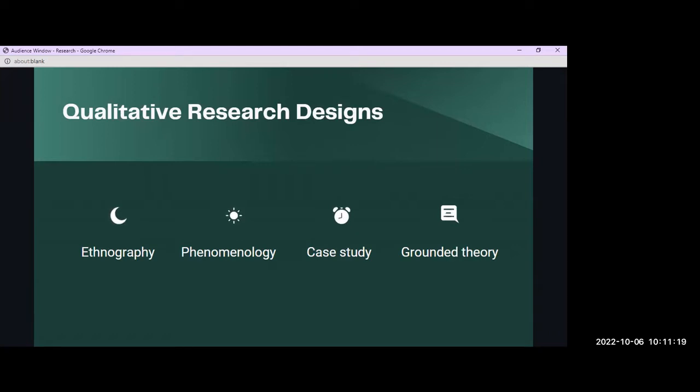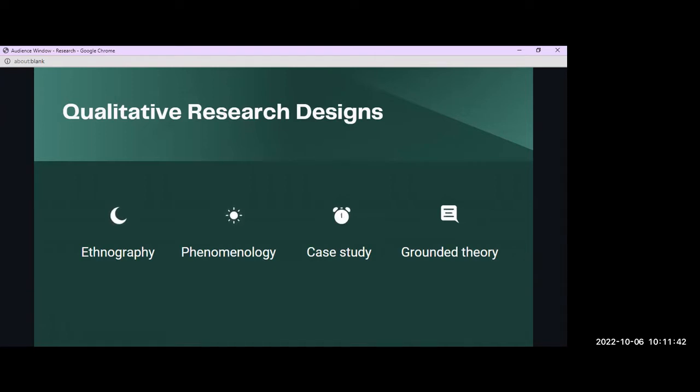So for example, I want to study about the lived experiences of teachers doing online delivery of learning during the pandemic. Okay, that's very specific. Or doing the hybrid learning during the pandemic. So that is phenomenology.